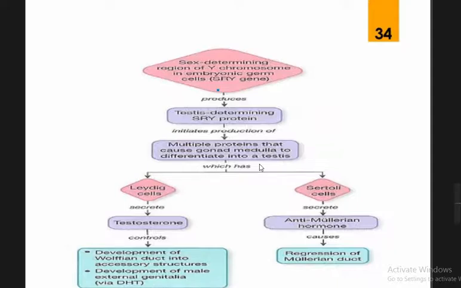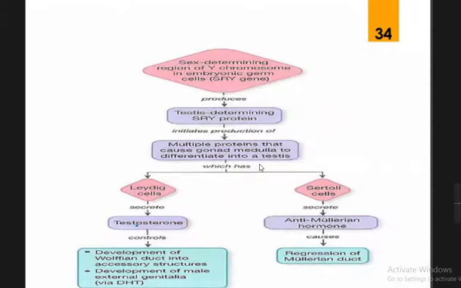So when the SRY gene produces the testis determination protein, the testis determination factor is going to influence these two cells, the Leydig cells and the Sertoli cells that are formed, to have two secretions.